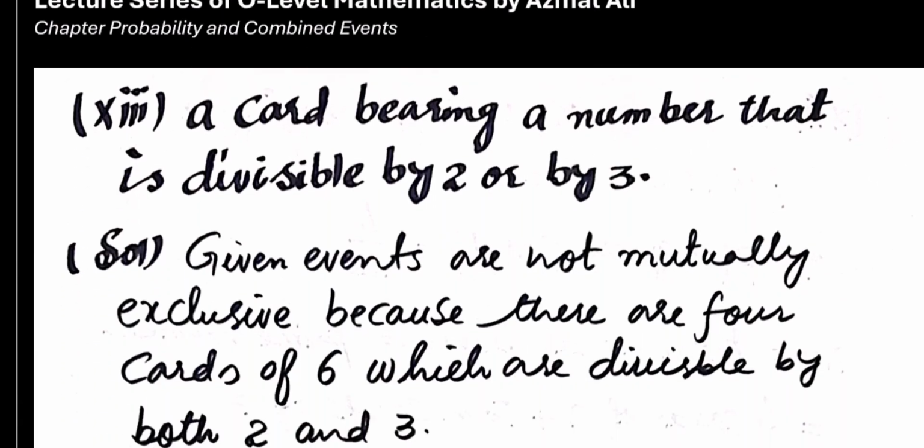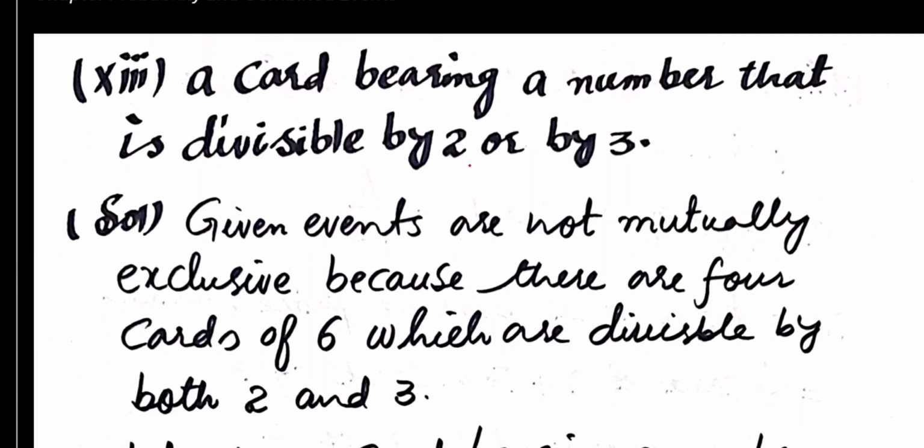A card bearing a number that is divisible by 2 or 3. Again, this is OR. It means we are interested to find the probability of the union of two events. Given events are not mutually exclusive events, because there are 4 cards of 6 which are divisible by both 2 and 3. First event is the card is divisible by 2. Second event is the card is divisible by 3.